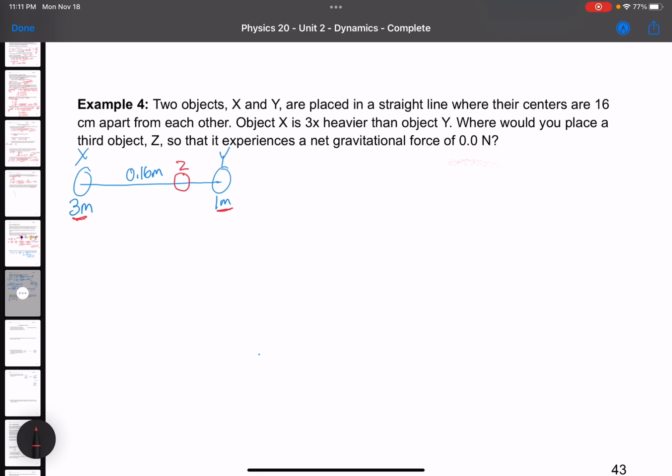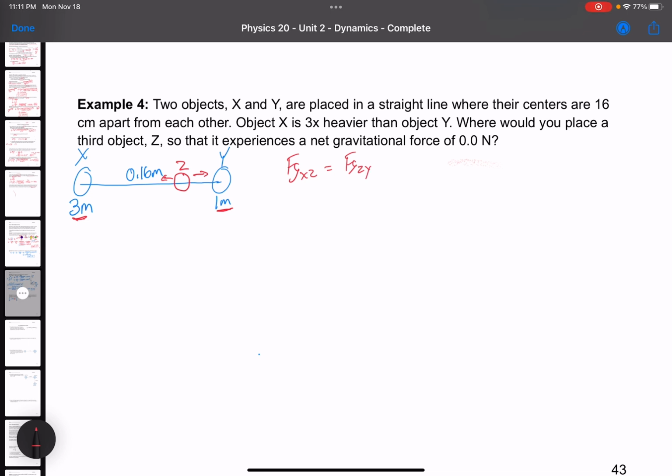Okay, so I'm going to kind of show you the full mathematical way to do this. You might be able to find a shortcut through here, but I'm going to leave that to you to find. So now I need to look at what these formulas are going to look like. Again, those two pulls, the pull from y and the pull from x, have to cancel each other out. So the force of gravity between x and z has to equal the force of gravity between z and y.